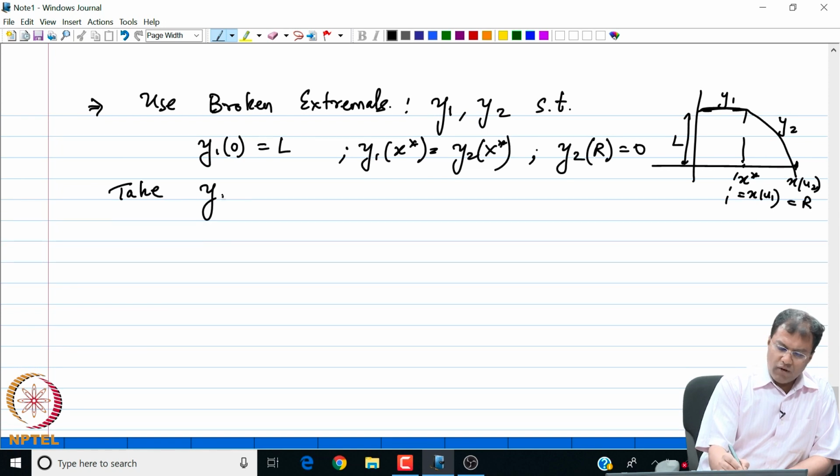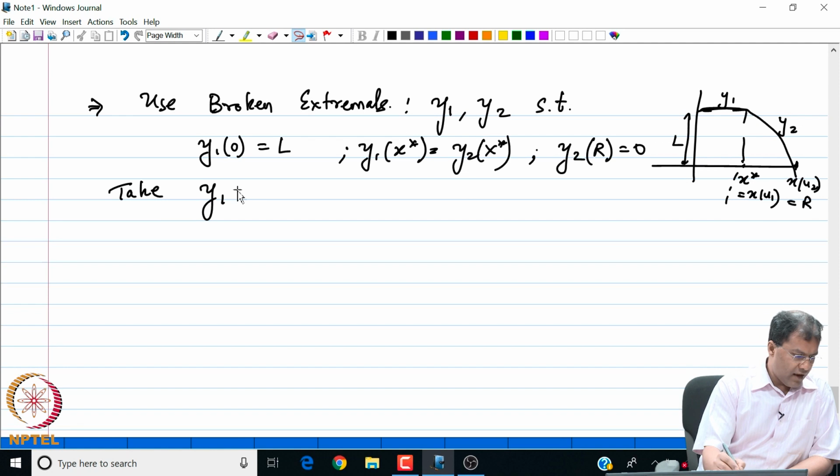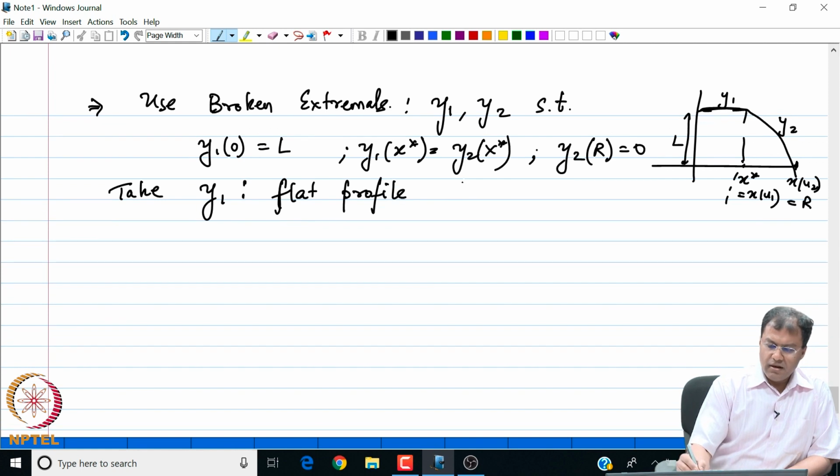We can take y1 to be the flat profile, that is, y prime is equal to 0.